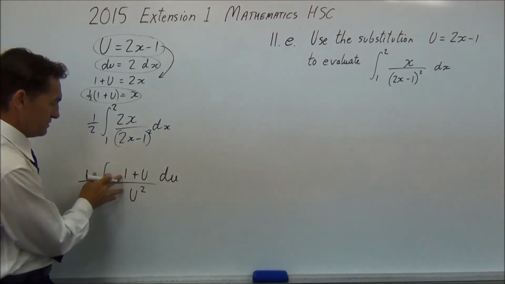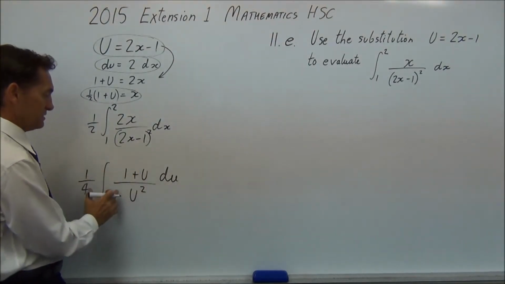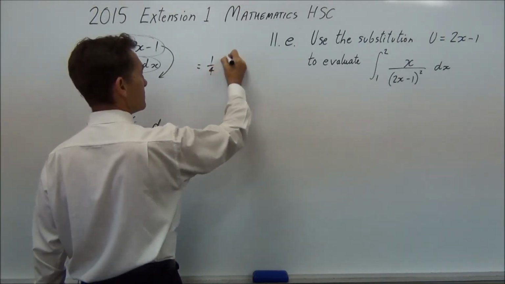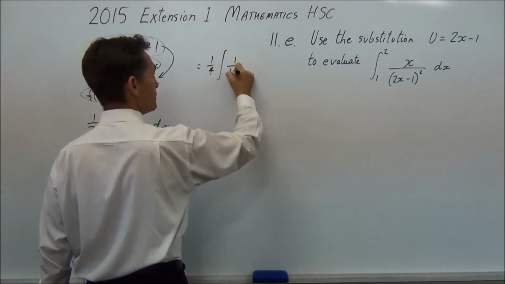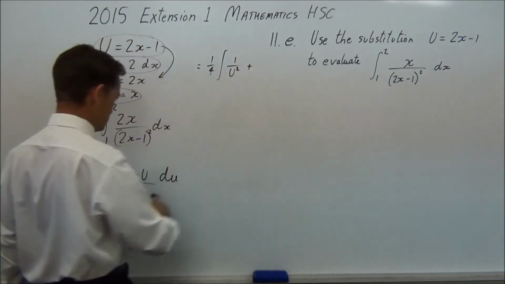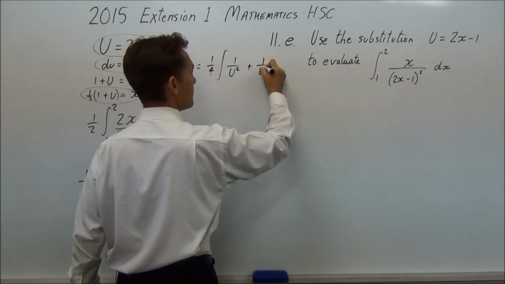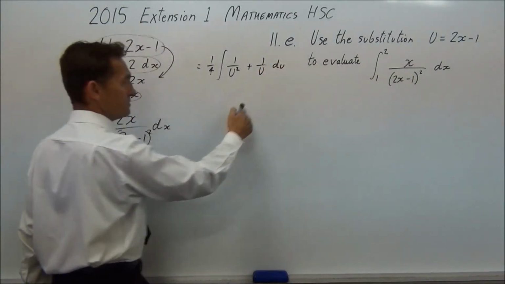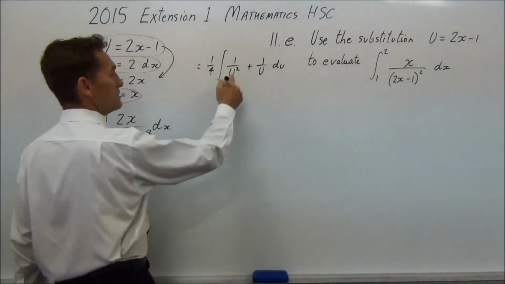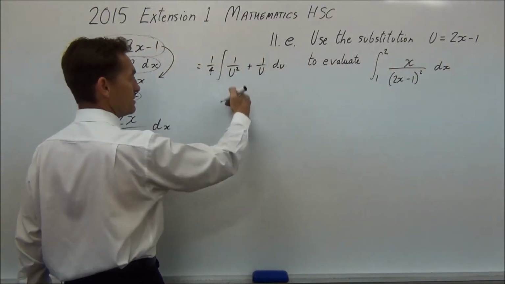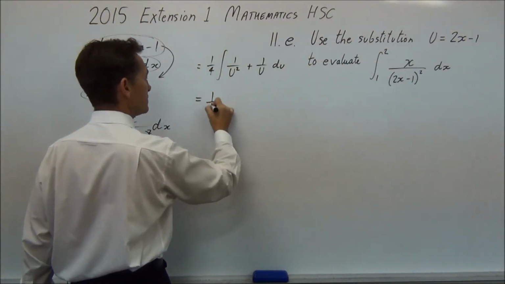So let's integrate that. You'd split these up quite obviously. 1 over u squared, so we're going to have 1 quarter, integrate 1 over u squared plus u over u squared, which is just 1 over u, du. Well, that one's obviously going to become a log. So 1 over u squared is u to the minus 2. Raise that to a power, new power underneath, so we get a quarter.